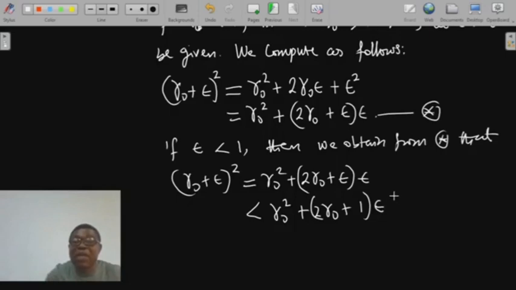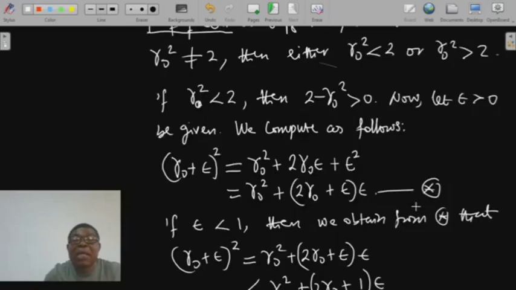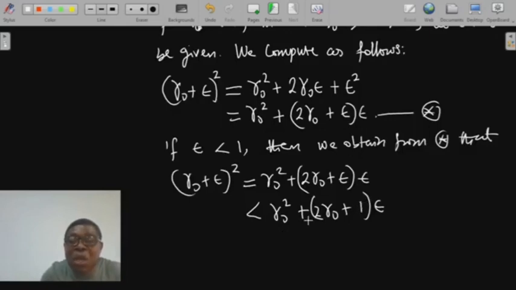So what I will then do here is ask what range of values epsilon must take so that what I'm looking for will happen. Now watch and see what I'll do. Here I'll use the fact that this particular thing is bigger than 0. What I want to do is remove this thing and get something here that, by the time we simplify it, gives me 2 on this side.